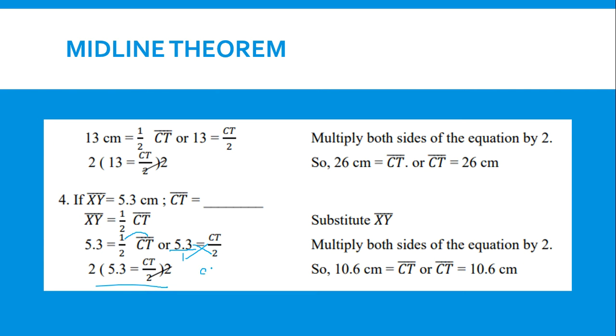So, CT equals 2 times 5.3. Therefore, CT equals 10.6. Okay? So, it's either of the two methods. So therefore, CT equals 10.6 centimeters.